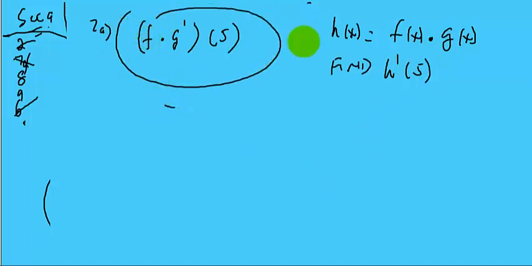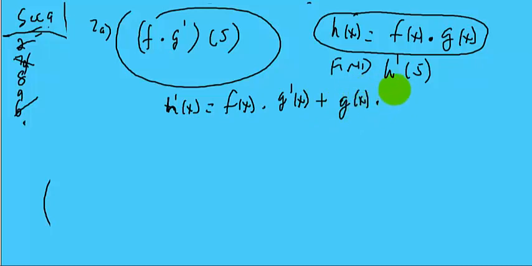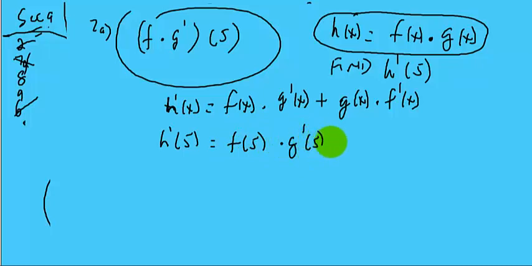So we need to find the derivative of that first. What rule do I use to find the derivative of h of x? Product rule. First times the derivative of the second plus the second times the derivative of the first. H prime of 5 would be f of 5 times g prime of 5 plus g of 5 times f prime of 5.